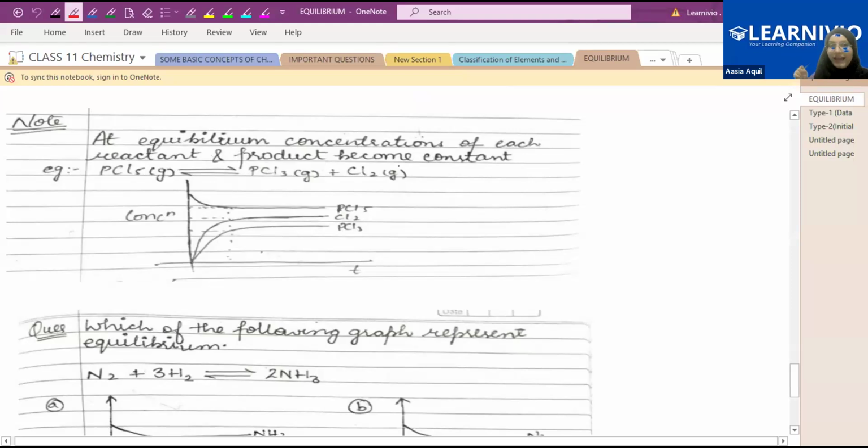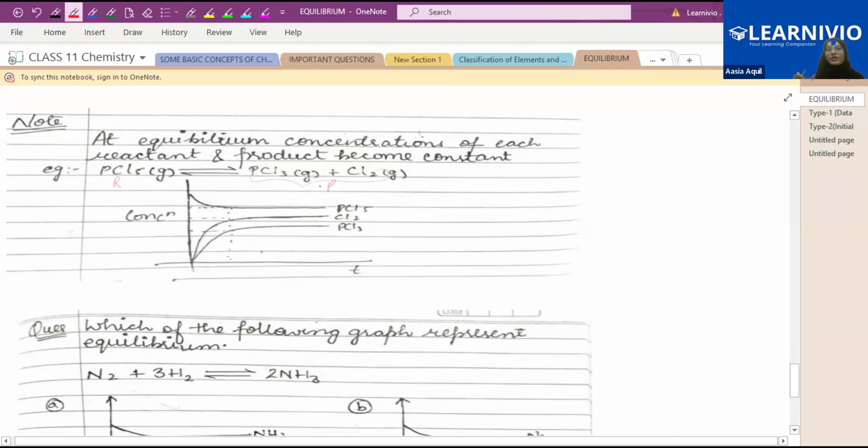So when you plot the graph between concentration versus time, here PCl5 is giving you PCl3 plus Cl2. So this is your reactant, and the product is PCl3 plus Cl2.